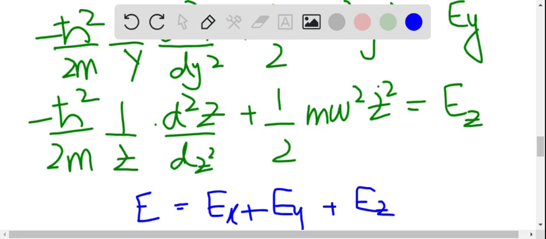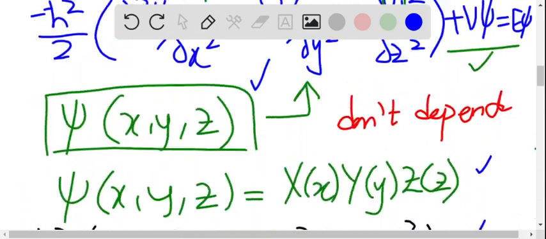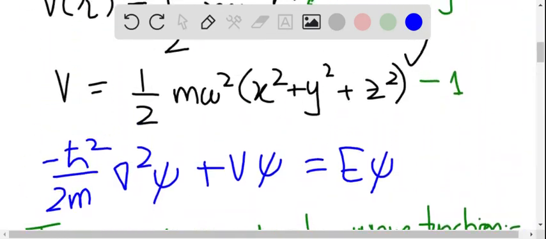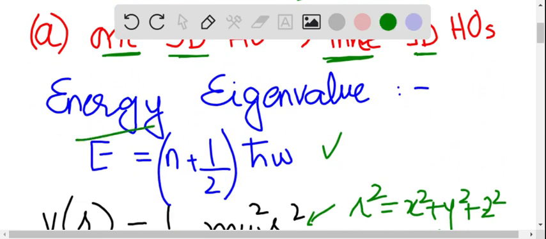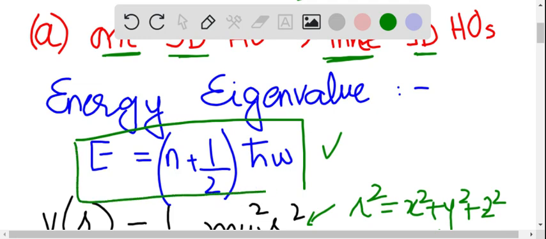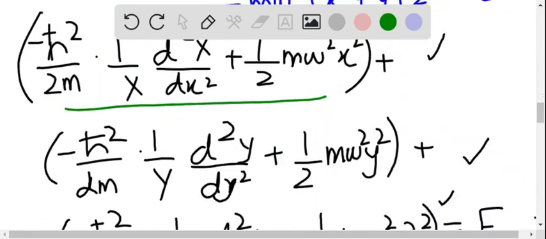So now the next thing is to use the energy eigenvalue equation, right? So we are going to use it to find the equation for Ex, Ey, and Ez. So let's find it out.